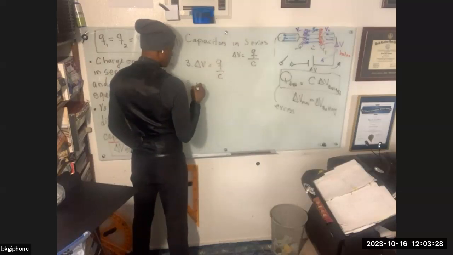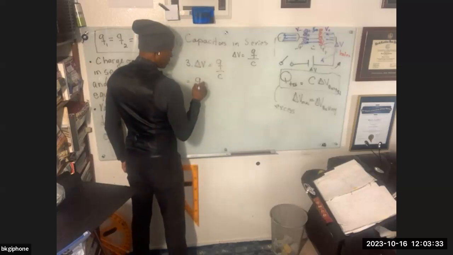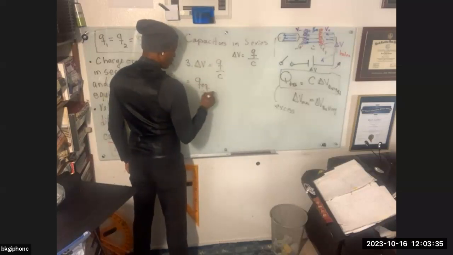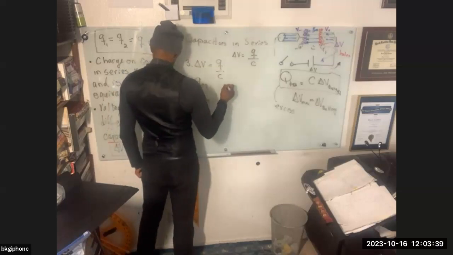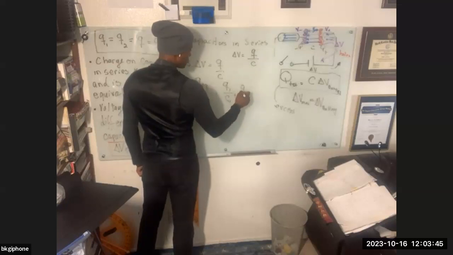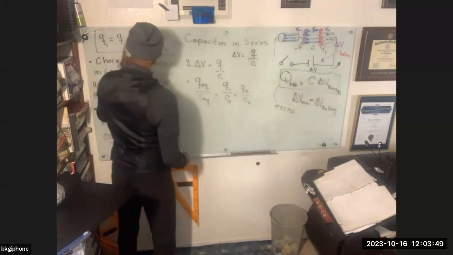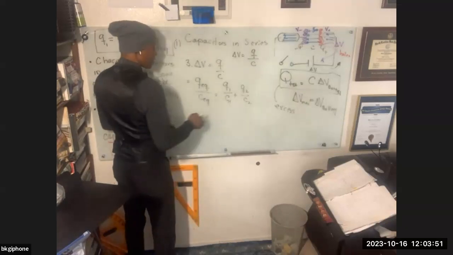So what we're going to have is delta V equivalent is going to be Q equivalent over C equivalent, which is equal to Q1 over C1 plus Q2 over C2. Now, using this equation, I see that all the charges are the same.